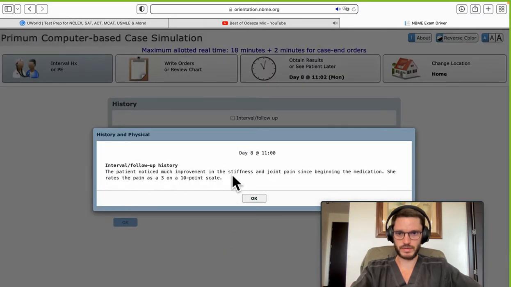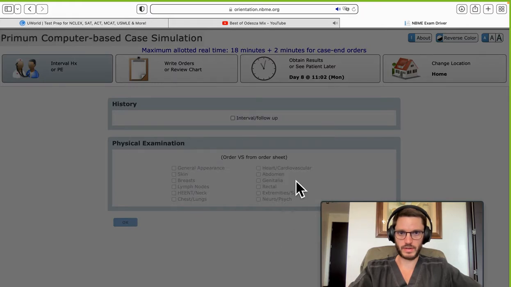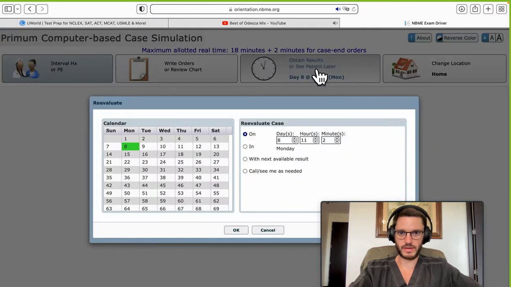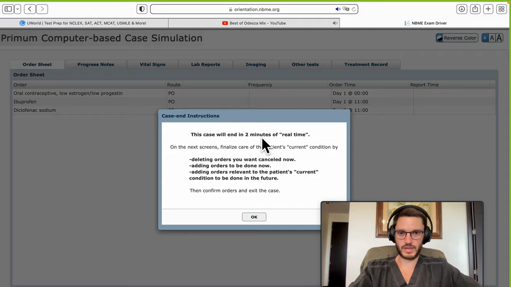The patient, much improvement. She rates, we already saw this, so I'm wasting time on that. And let's see what else. Office, change location, or no, let's see patient later. Call, see me as needed. The screen, real time on the next screen, finalize care.